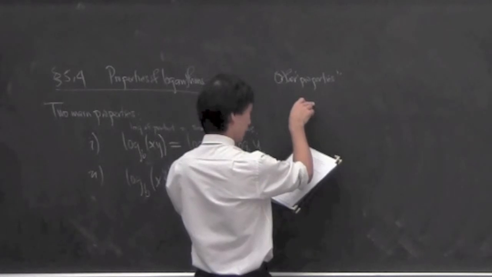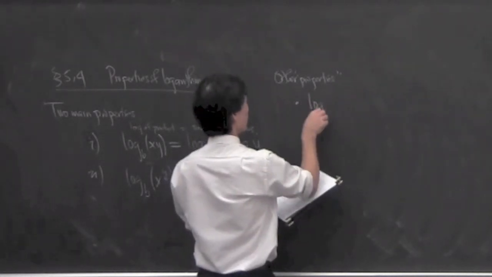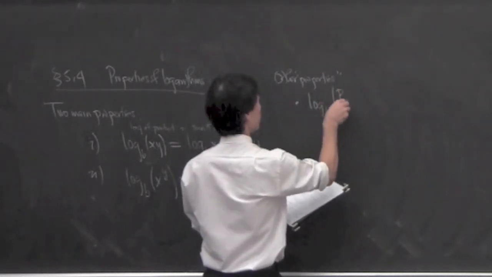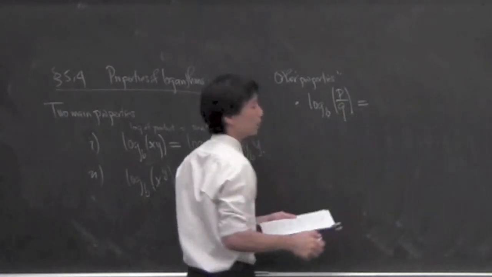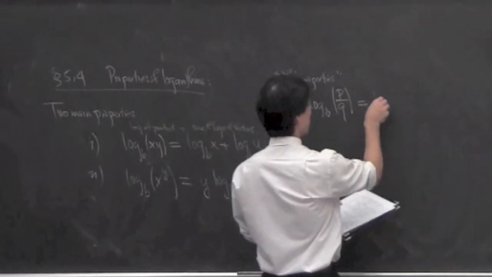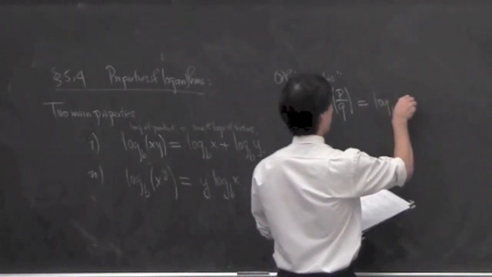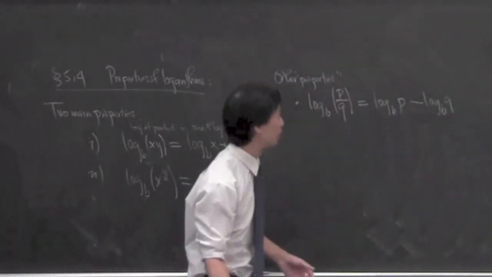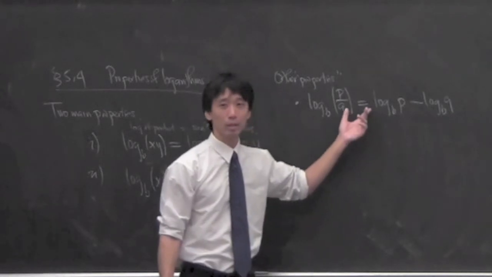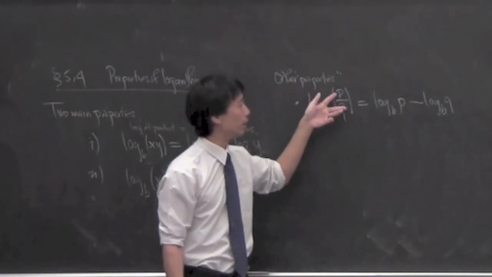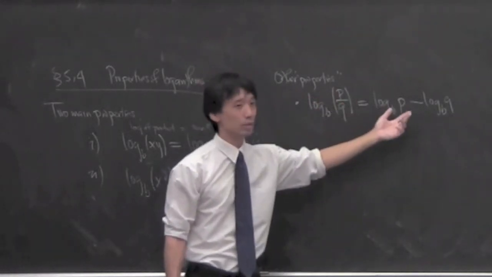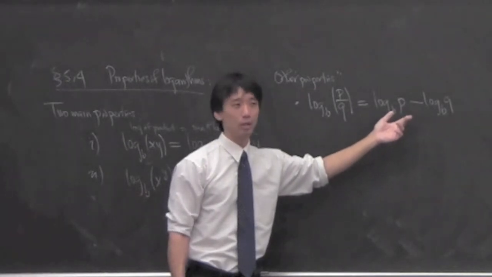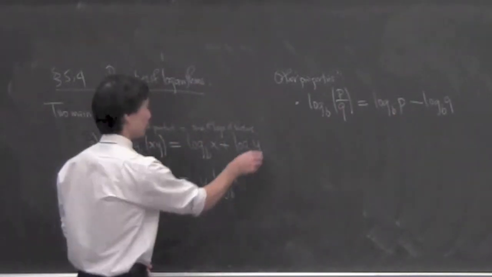For example, log base b of p over q is log base b of p minus log base b of q. The log of a ratio turns into the difference of the logs. But this is actually the same thing as this one, right?